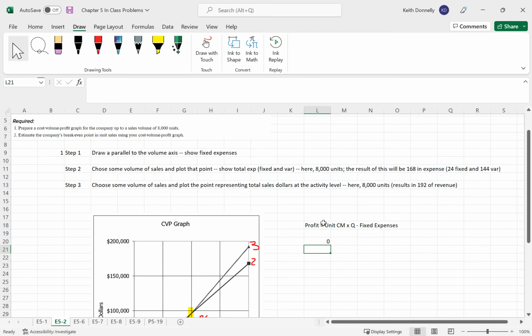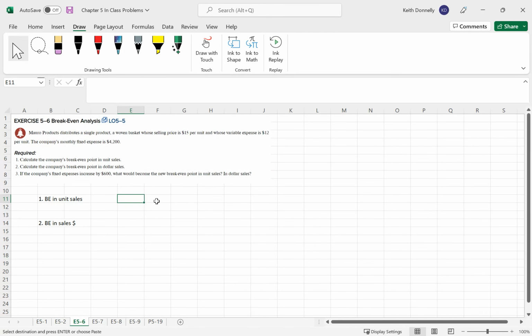Right, so leveraging this equation, if we were to populate this in format, we want our profit here to be 0, because that means we break even. We don't have a gain or loss. So if we were to fill this in, it would be the unit contribution margin, which is the $15 minus the 12 of variable expenses, okay?